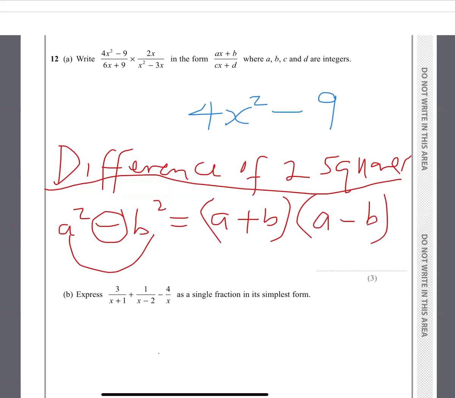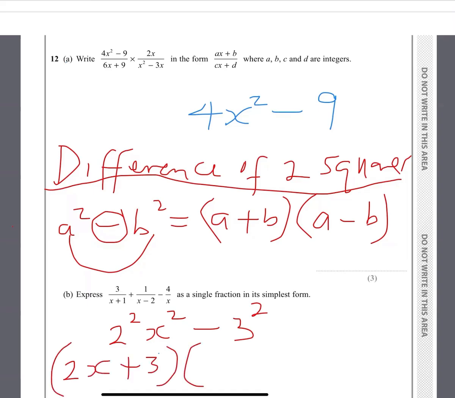But in this case, your 4x squared is like 2x squared and 9 is 3 squared. Everything has been expressed as a square, so this is also the difference of two squares. So this can become 2x plus 3 and 2x minus 3.